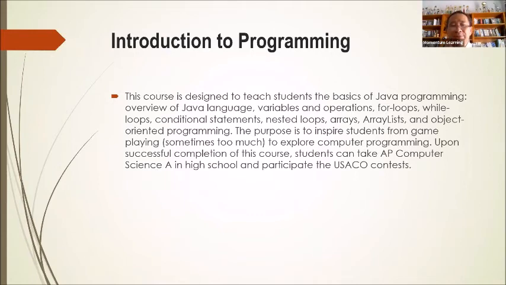We used to say APCSA-B would be between the Java introduction and bronze. Now APCSA is more aligned toward the Java introduction. So there is a question: if my student has taken the introduction class this year, can he or she take the bronze next year? Yes. The answer is definitely yes.